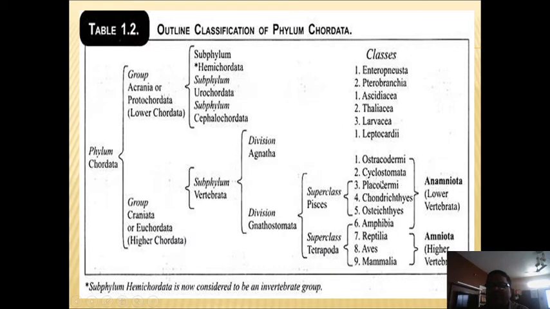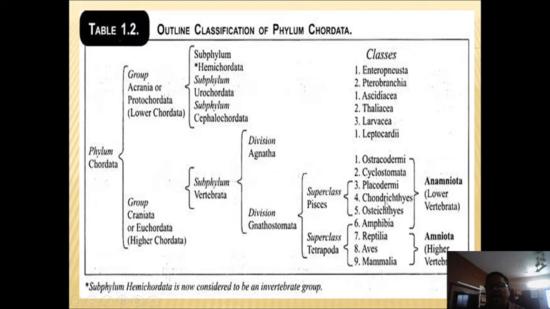Then there are the cyclostomata. Cyclo means round or circular, and stoma means mouth. Examples of cyclostomata are Petromyzon and Myxine. Then chondrichthyes and osteichthyes. In Chondrichthyes, chondri means cartilage and ichthyes means fish.